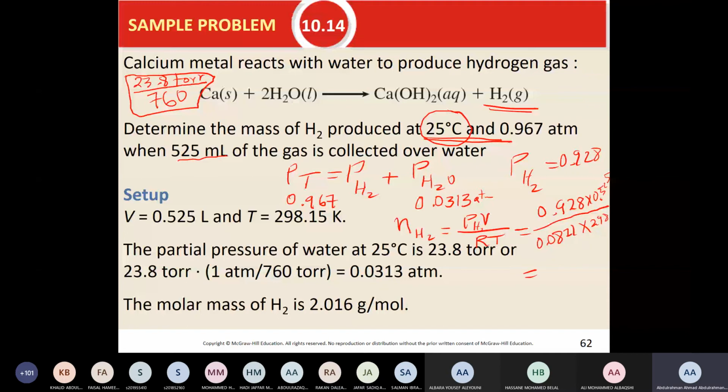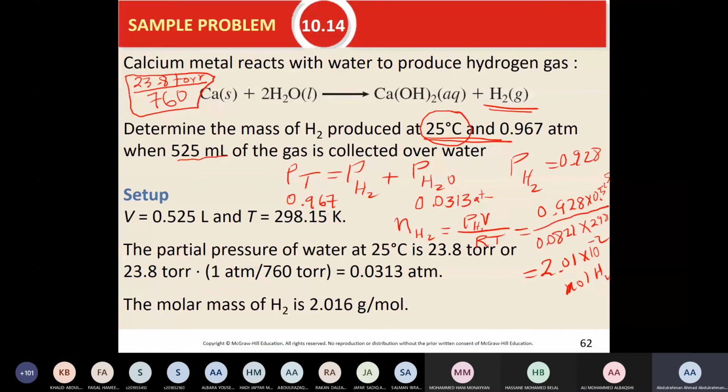Yes, and you have the answer. Give me how many moles of H2? 2.01 times 10 to the power minus 2 moles H2.